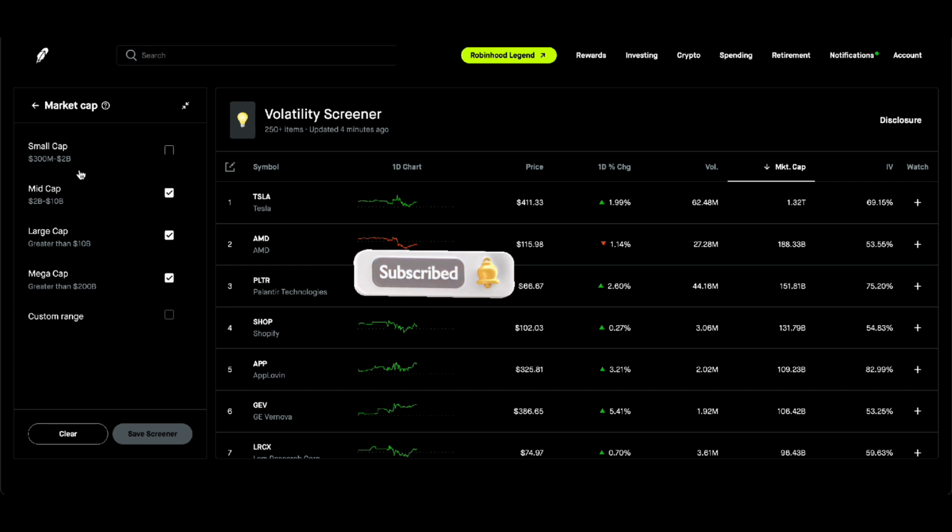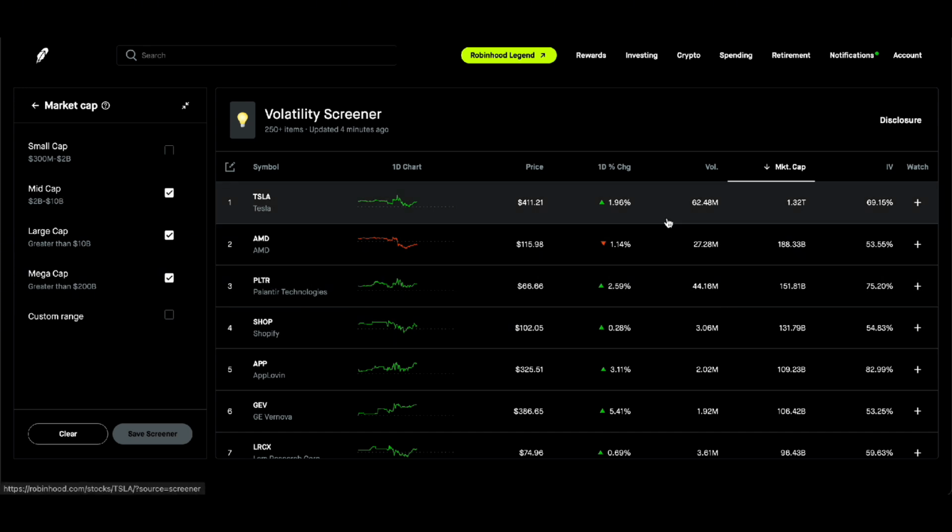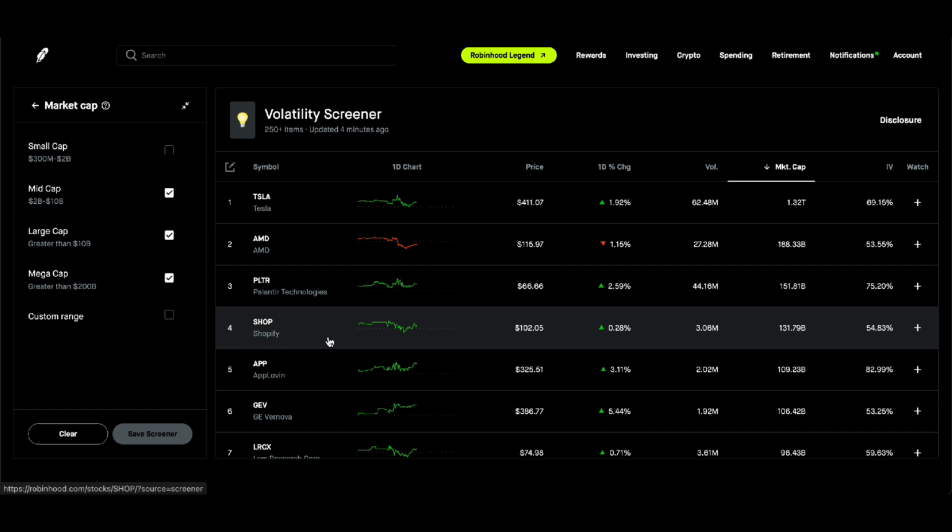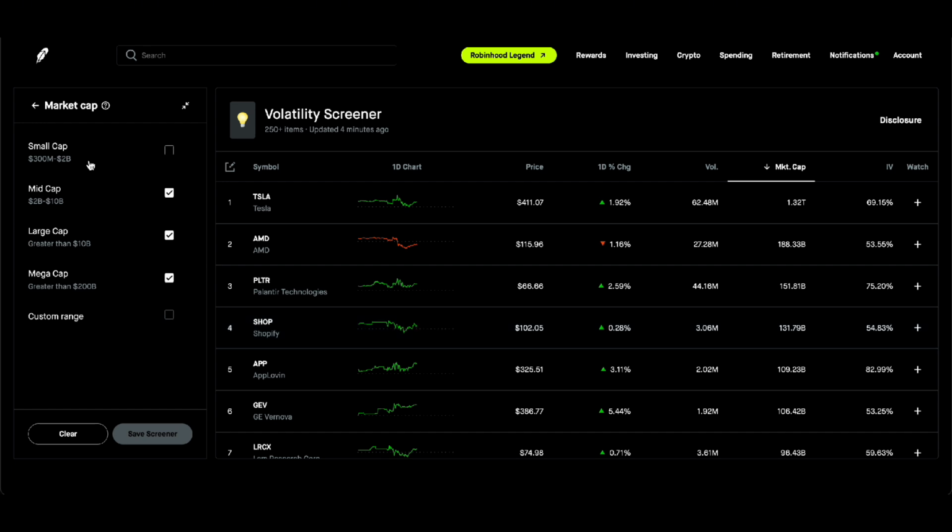Anything related to micro or small companies, with a valuation of $2 billion and less, are not included in my screener, so I'm filtering those out. Under market cap, I'm selecting mid cap, large cap, and mega cap. So all these stocks are from one of these three options.